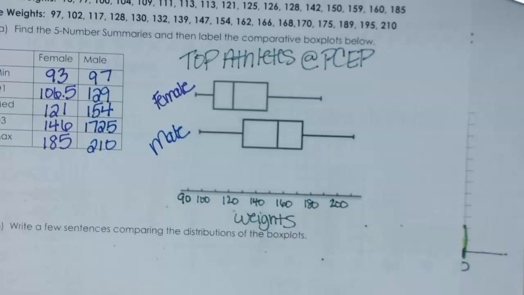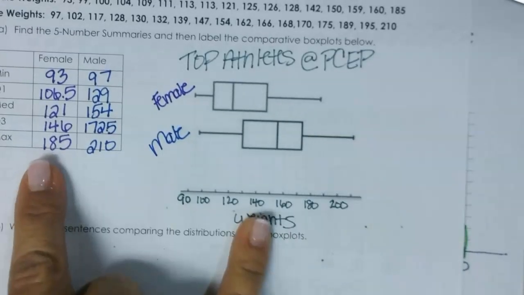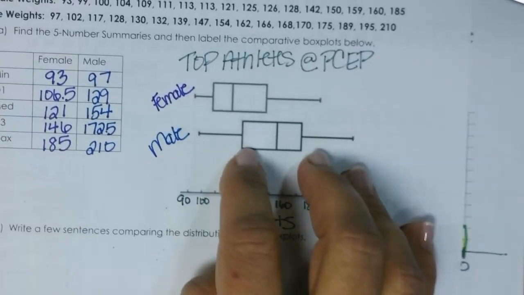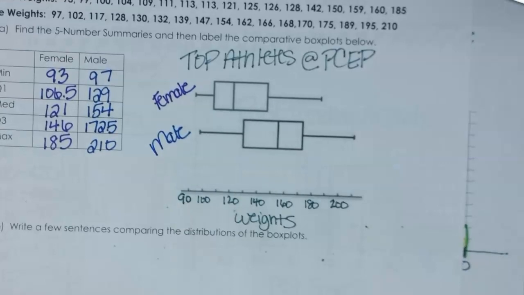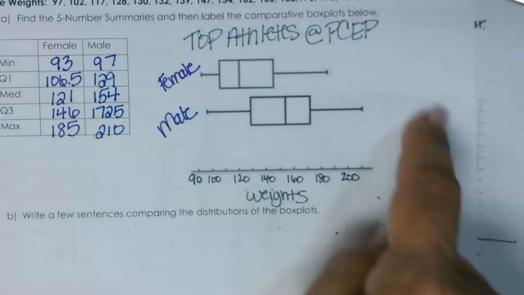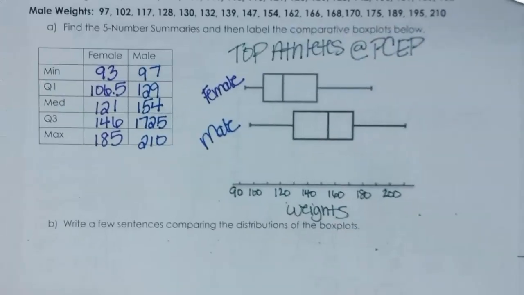Now, normally we would want to check to see if there are outliers. But because of the graphs that are being shown, what does that tell you about the outliers? That's right. Because there were no outside dots marked, there are no outliers present.